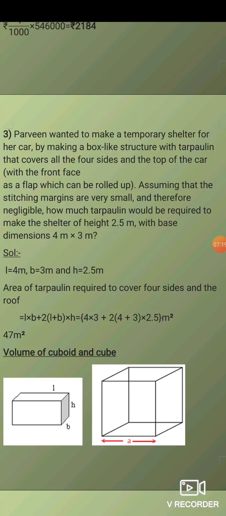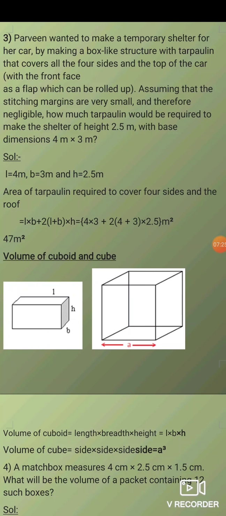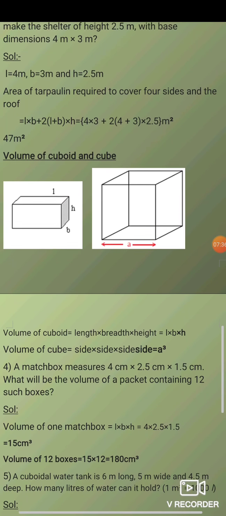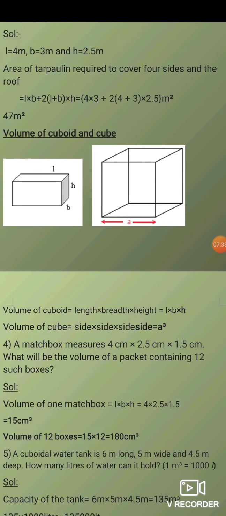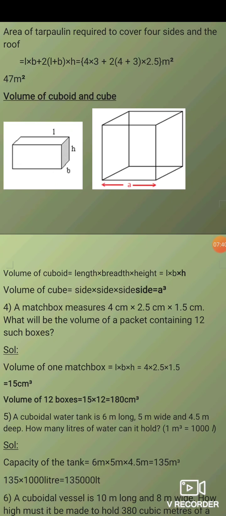Okay, now the equation. Volume of the cuboid and cube. So very simple equation. Volume of the cuboid is equal to L into B into H. Now volume of the cube is equal to side into side into side, which is equal to a cube. Now the next question. A matchbox measures 4 cm by 2.5 cm by 1.5 centimeter. What will be the volume of the packet containing 12 such boxes?